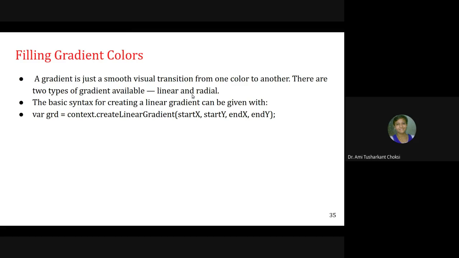One is linear and the second is radial. The basic syntax for creating a linear gradient is, say, var gradient equal to context dot createLinearGradient, wherein you can specify start x, start y, and end x and y.